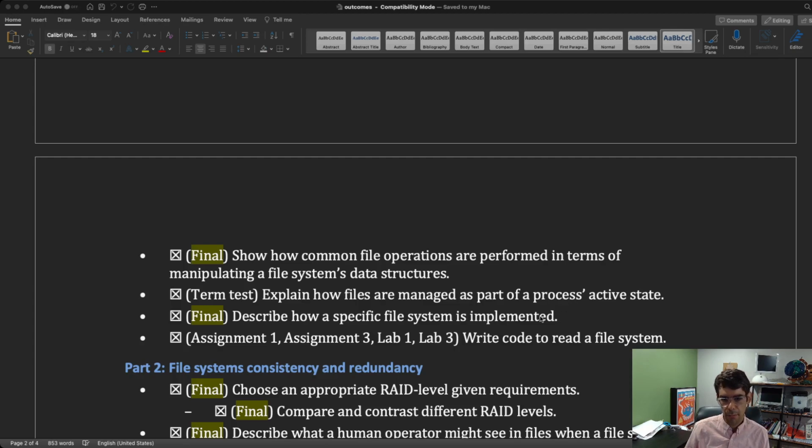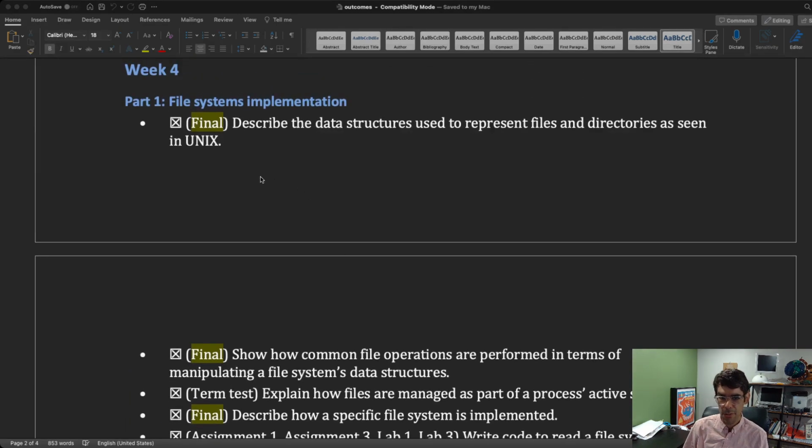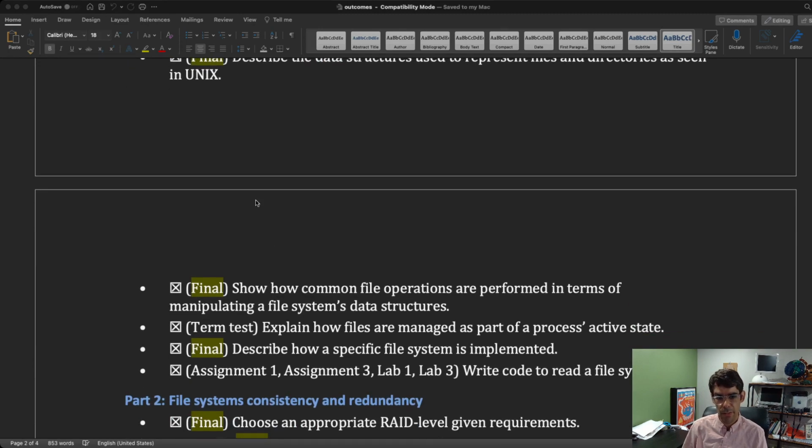Describe how a specific file system is implemented. This is related to showing how common file operations are performed in terms of manipulating a file system's data structures, and it's related to describing the data structures used to represent files and directories. You should be able to describe both VSFS and ext2, so that's one file system, and you should be able to describe how exFAT is implemented.